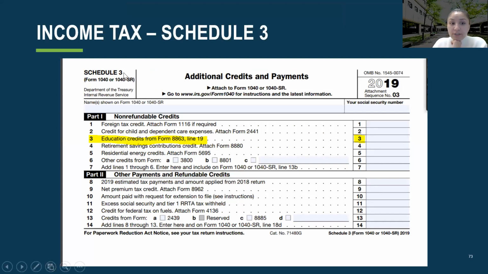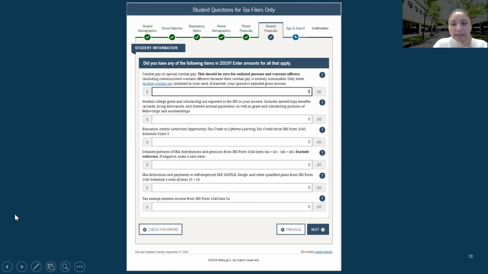So here's Schedule 3 and then line 3. So keep that in mind. You will enter that where it says educational credit if there is an amount on that line 3, Schedule 3.